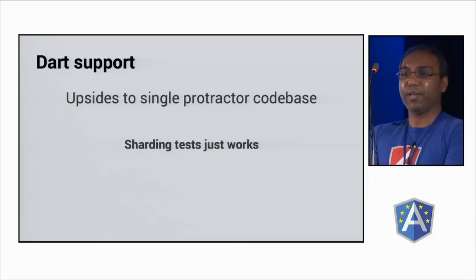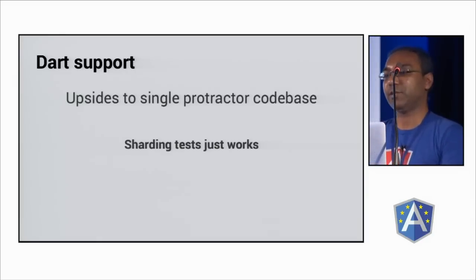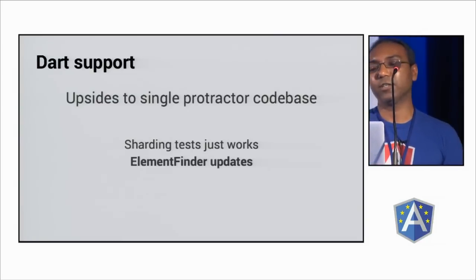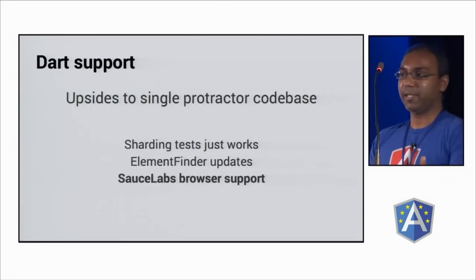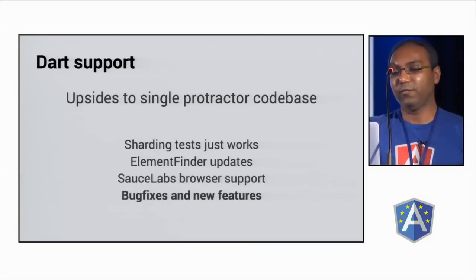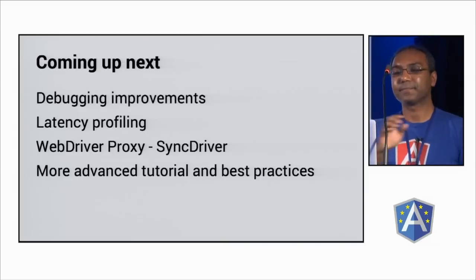That you would just get for free, because any changes that go into the Protractor code base would also apply to your Dart code. And that works for things like extra browser support if you want to run on Sauce Labs. If you have the element function, which grows new capabilities, new chaining things, you would get all of that for free, on all future bug fixes and features and things like that.